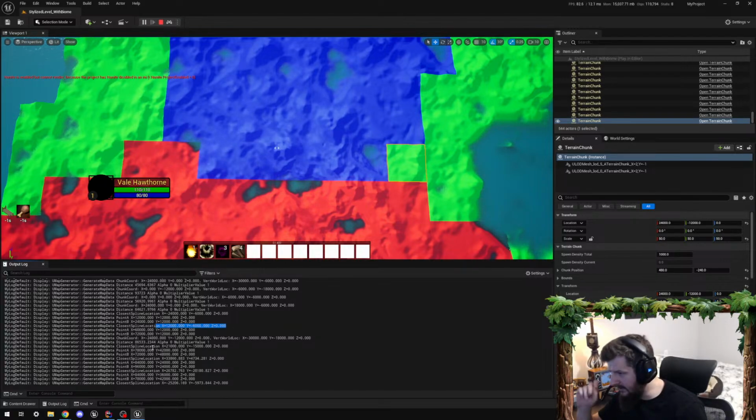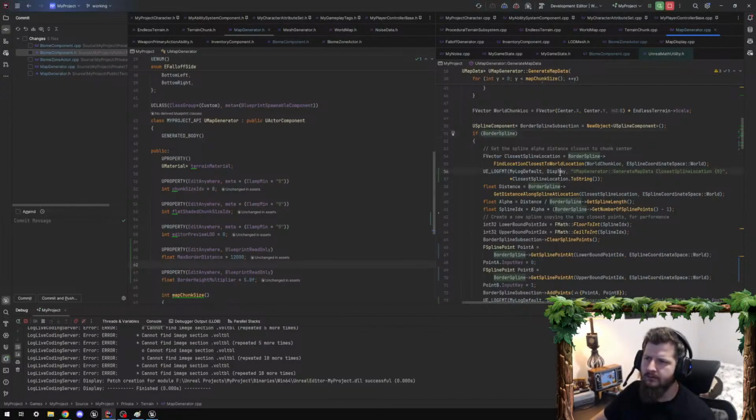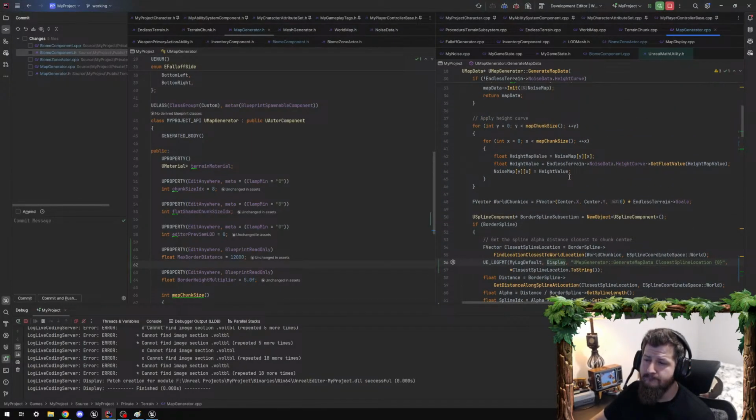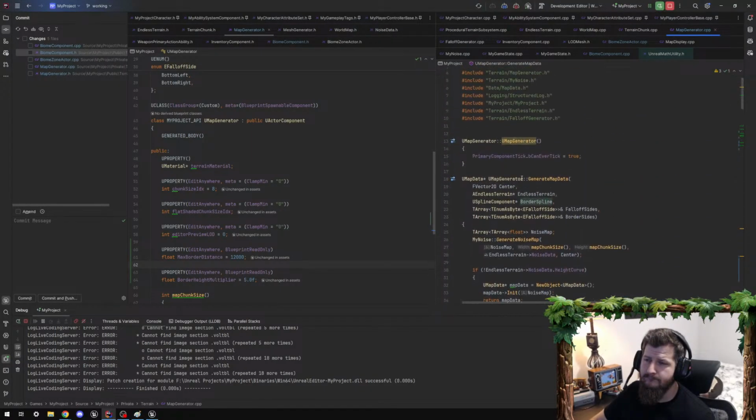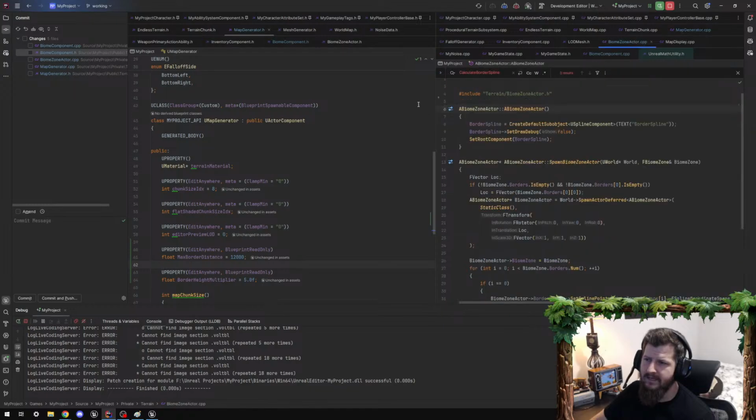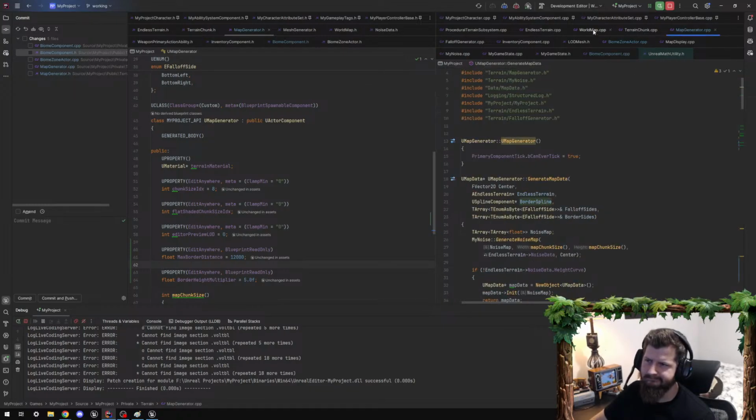I said negative 50, negative 6,000. Am I getting the right spline?